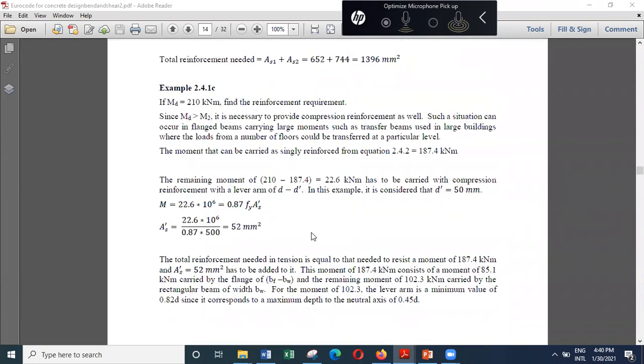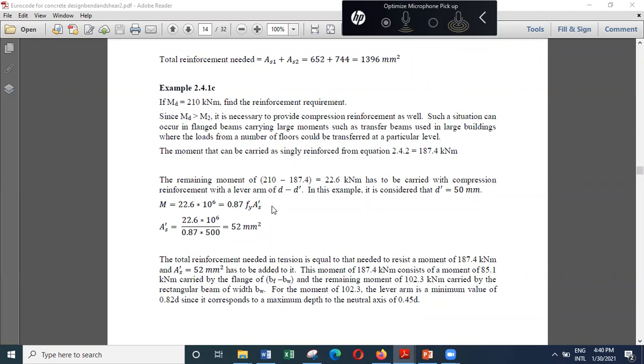So then we can write the equation. This extra moment of 22.6 is given by 0.87 Fy, that is the stress in steel, multiplied by As dash multiplied by D minus D dash. So 22.6 is equal to 0.87 Fy As dash multiplied by Z. There should be Z here.